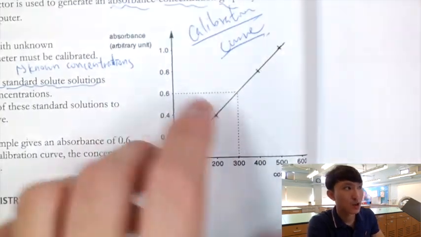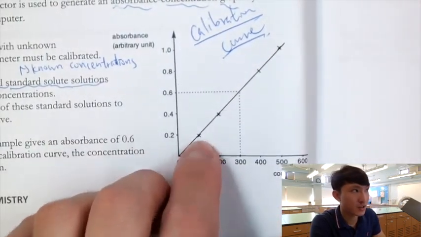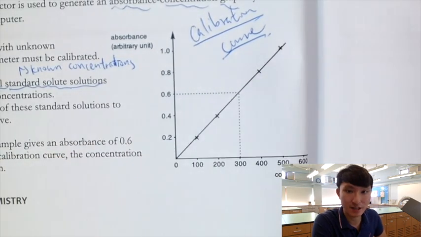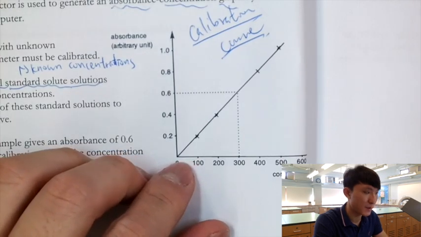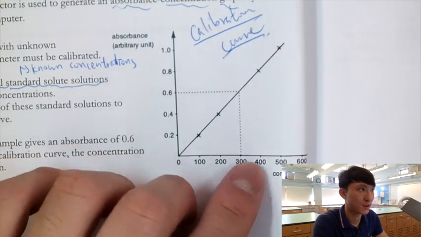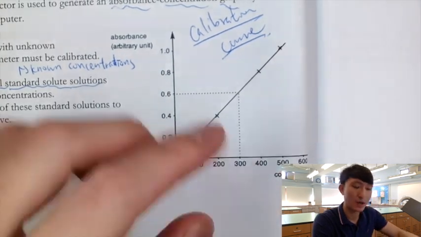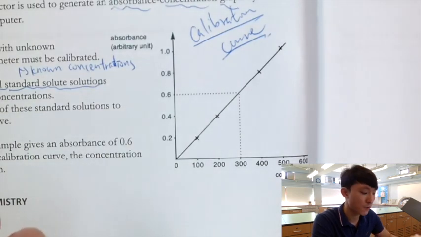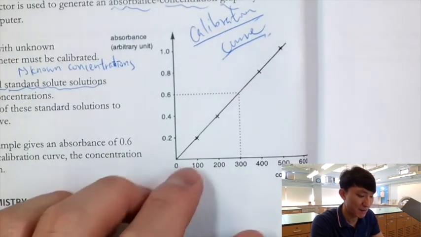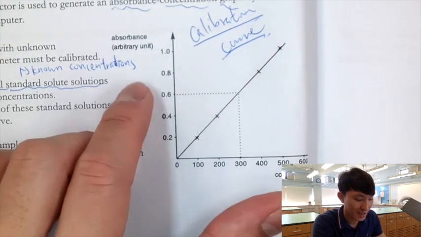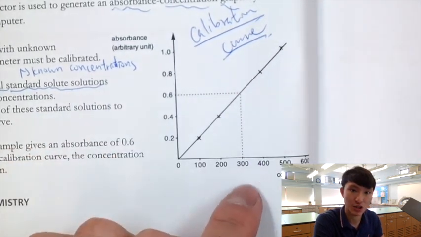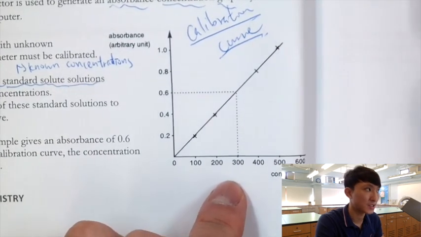All this across here is basically data points. It's basically standard solutions, probably 100, 200, 400, 500, etc. And then we load them into a colorimeter for the calibration. So we establish this curve, allowing us to later on translate the absorbance back to concentration. So this is the idea.